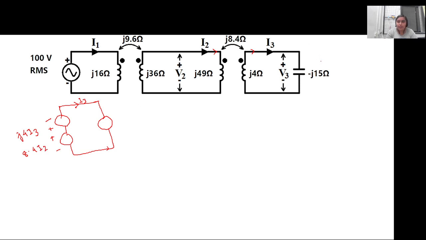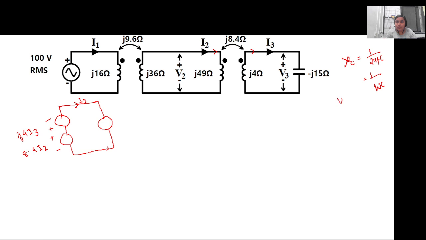Now what about this capacitor? This VC will be 1 by 2 pi fC, or 1 by omega C, sorry, this is XC.